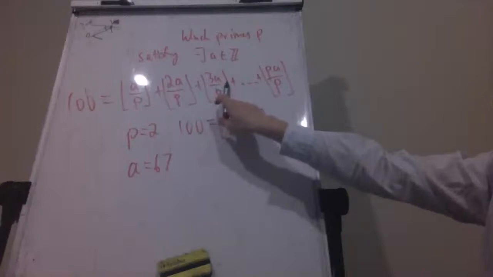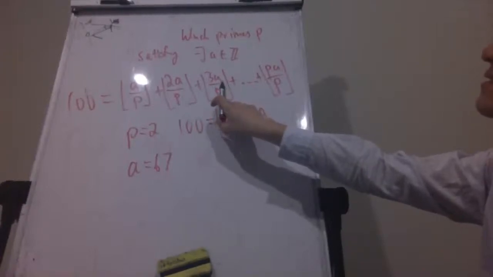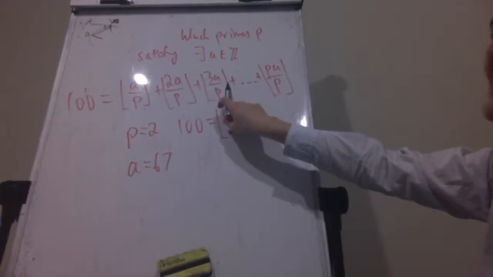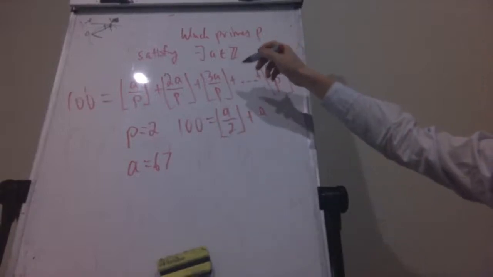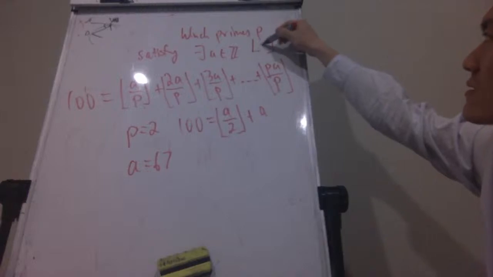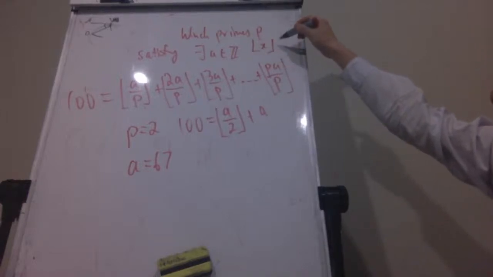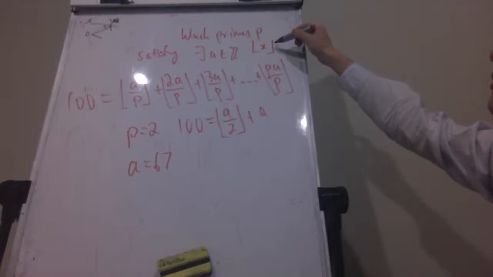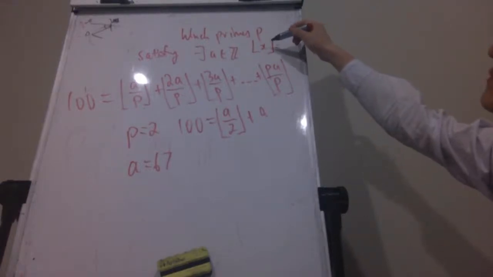Oh, did you think these were absolute value symbols? It's the integer part of x if it's positive. It's the biggest integer less than or equal to x.